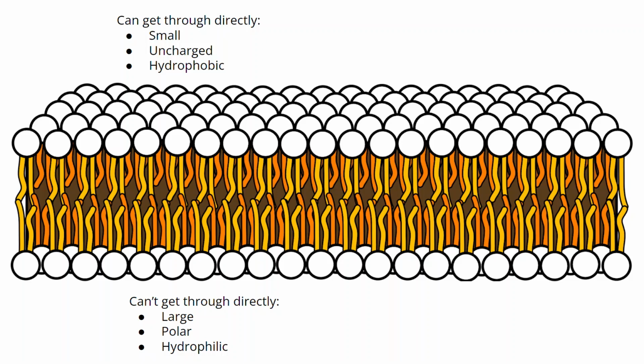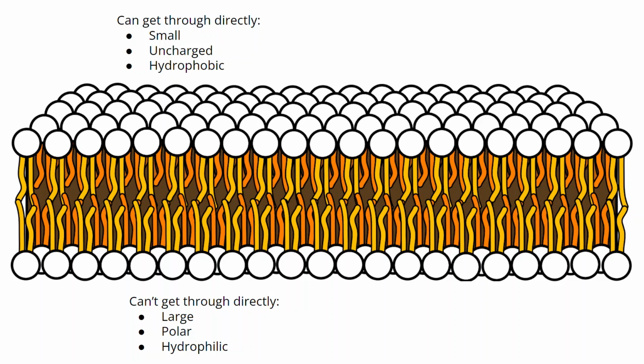For example, carbon dioxide can easily permeate the lipid bilayer, and permeate just means to penetrate or to get through. And this lipid bilayer is a semi-permeable membrane, which means some things can get in and some things can't. Things that cannot get through directly include large molecules, polar molecules, and hydrophilic molecules.